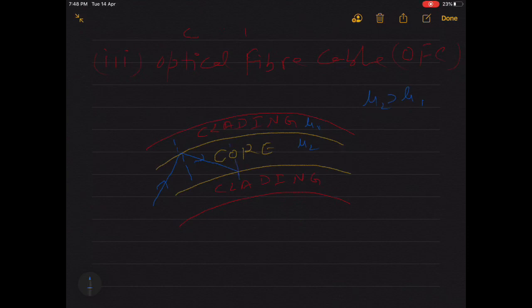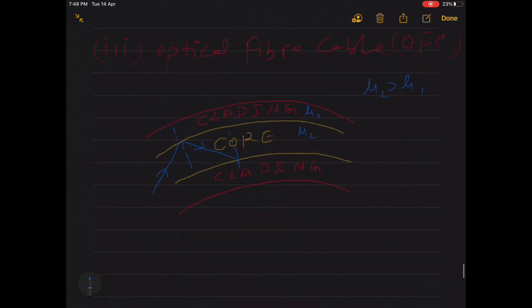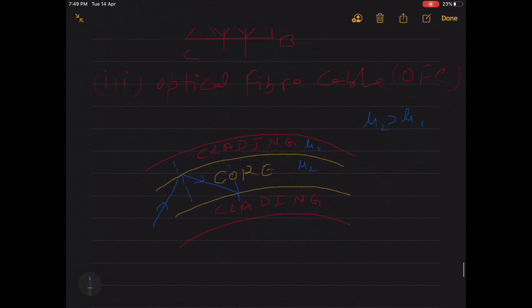Again, it undergoes total internal reflection, and in that way it progresses through the optical fiber cable, and finally it leaves the OFC.